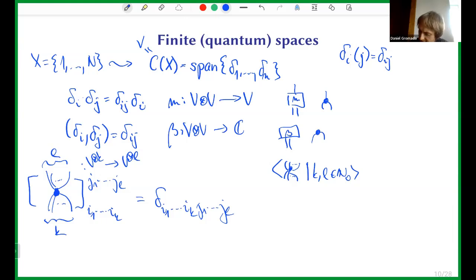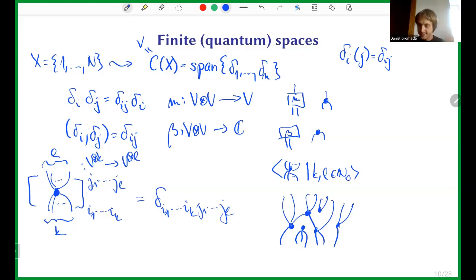Well, this category contains all pictures that look like this. I have those dots connected somehow together, or some of them don't have to be connected together. They have some inputs, outputs, like those spiders can be somehow mixed together, right?